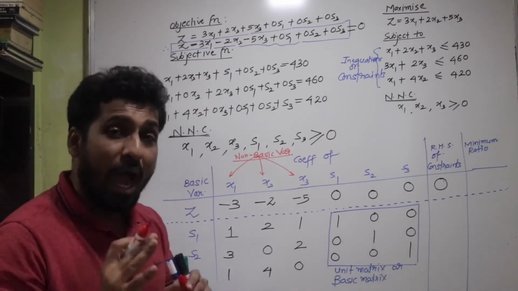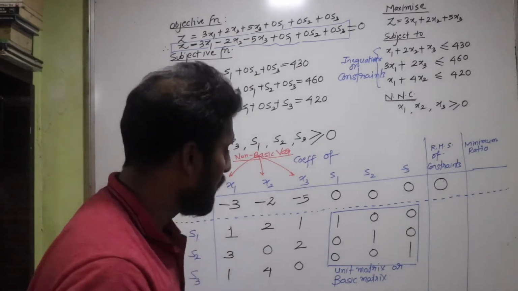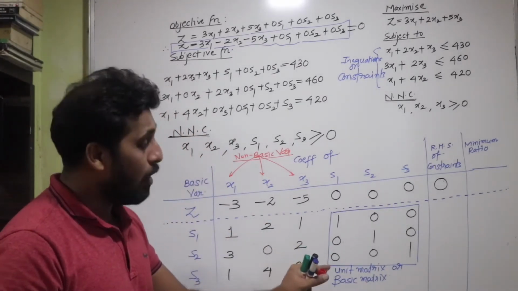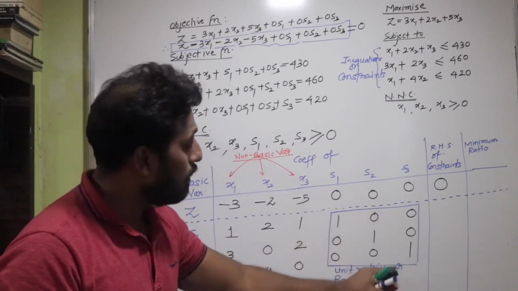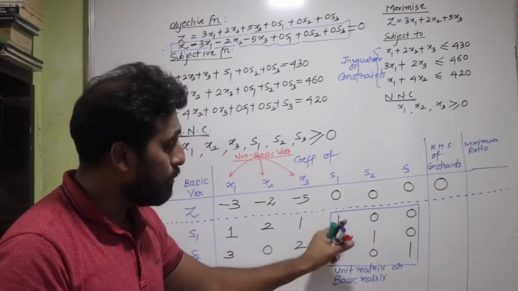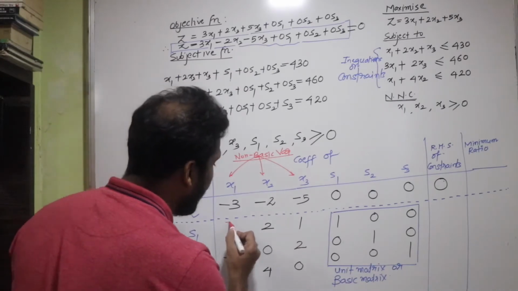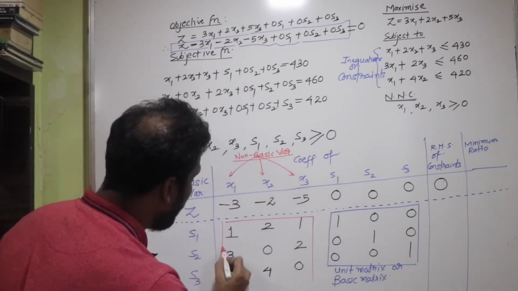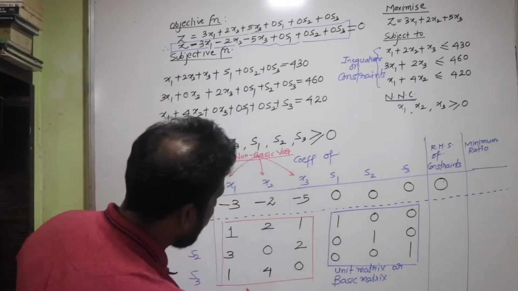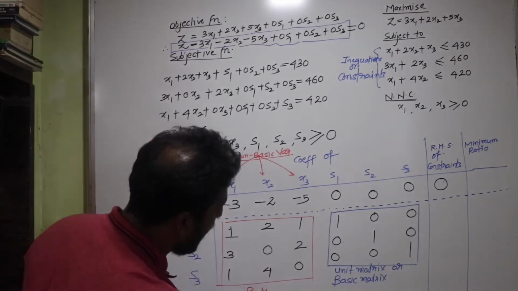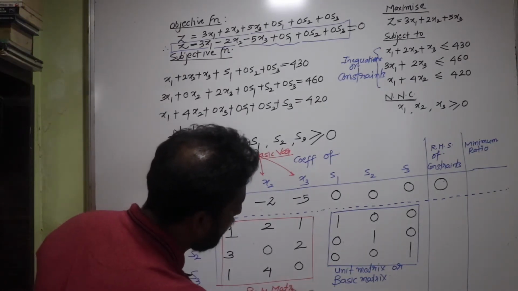Now students, you have to pay proper attention. I have marked something called a basic matrix or a unit matrix here. The remaining values are called the body matrix.